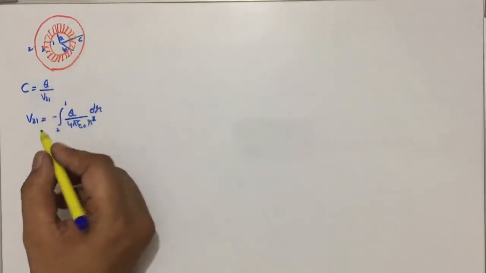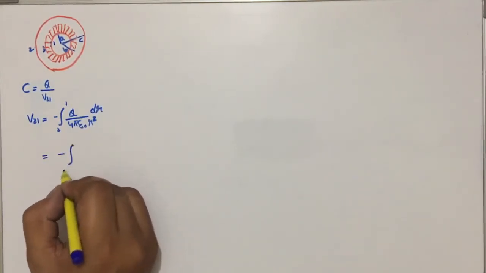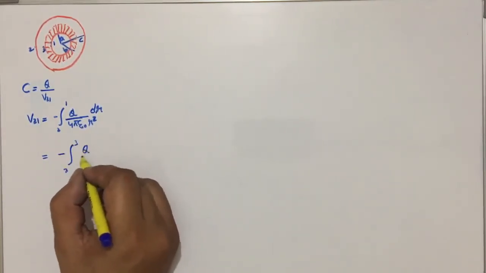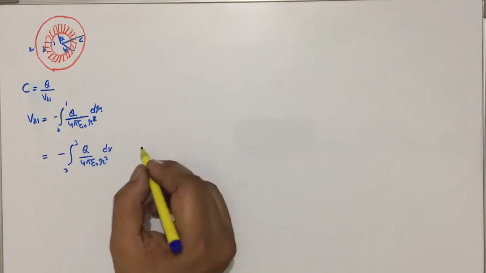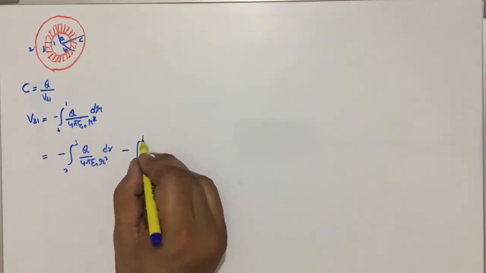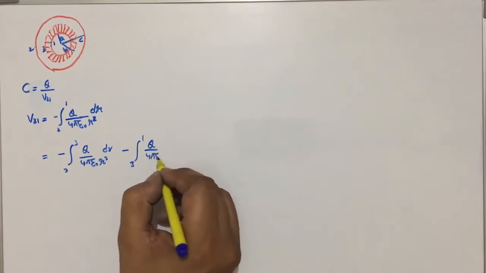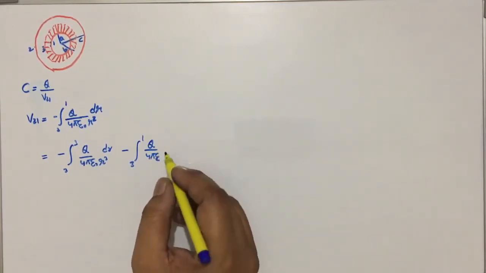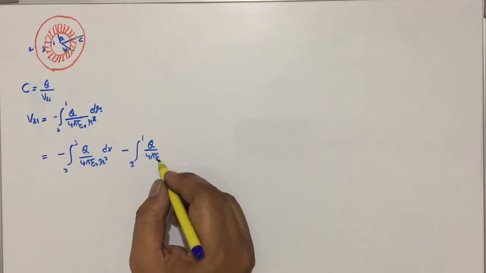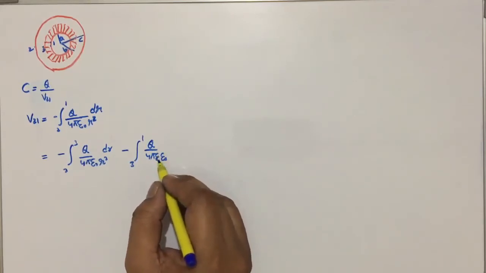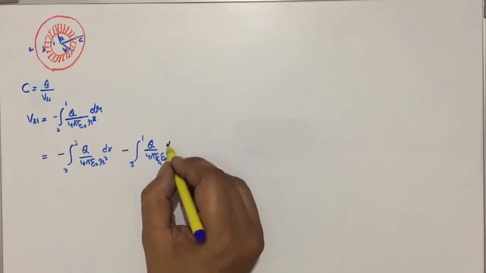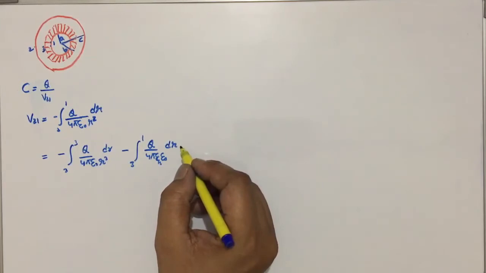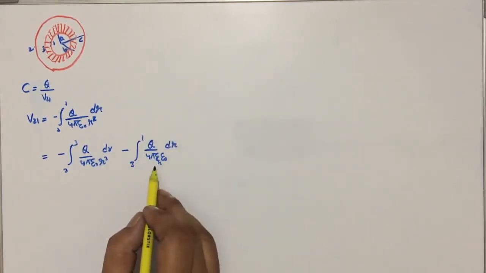From 2 to 3 it is q by 4 pi epsilon naught r square dr, and from 3 to 1 it is q by 4 pi epsilon, and here epsilon will be epsilon naught multiplied with epsilon r. Relative permittivity will be included in this as well, so it can be written as epsilon r, dr. Hope it is understandable to everyone.